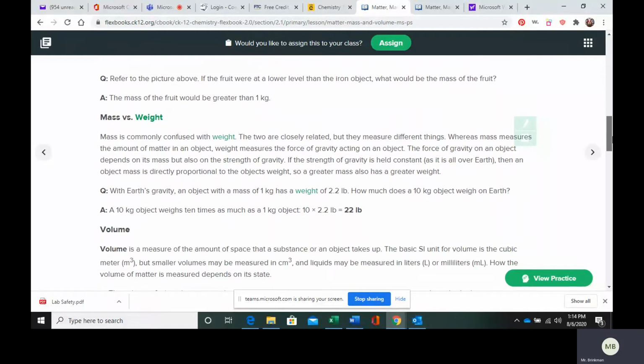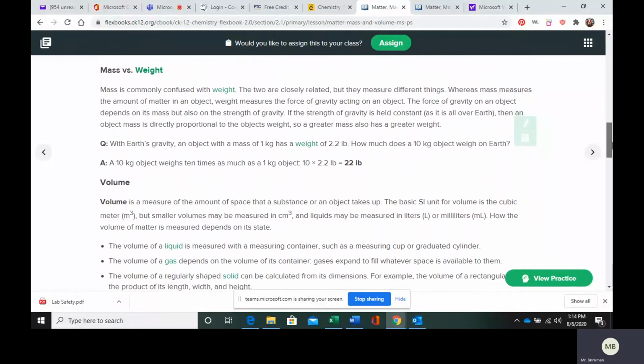So mass versus weight. This is kind of a confusing concept because we think of mass and weight as kind of the same thing. But mass is going to be the amount of stuff that you or any object is made of. With weight, we factor in the mass plus the force of gravity pulling that object down.